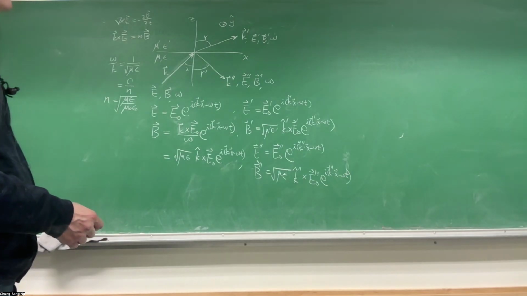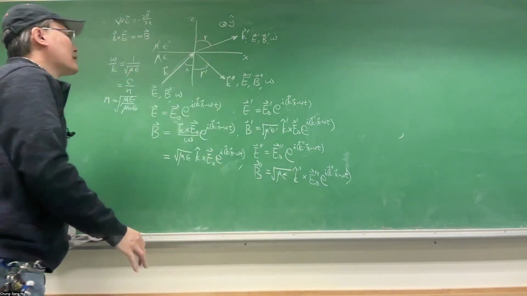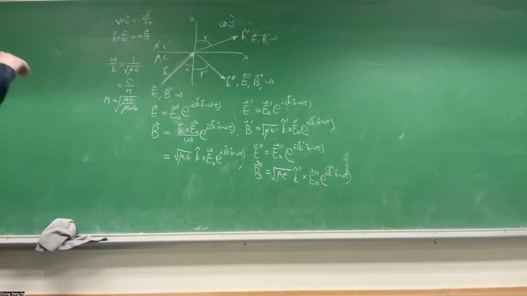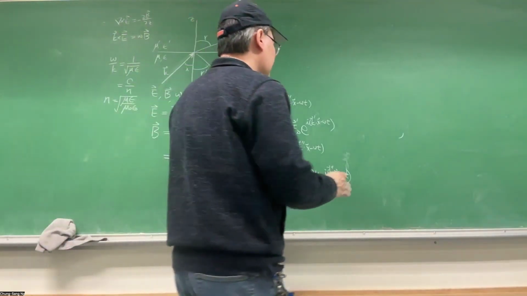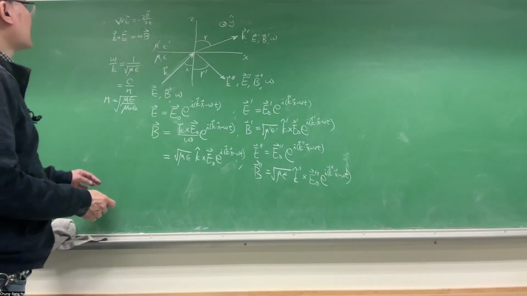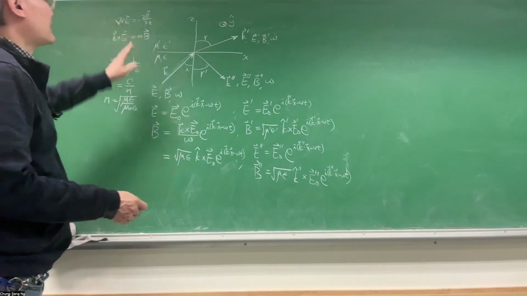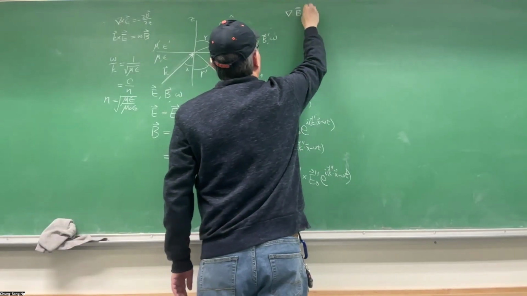Now we need to satisfy the boundary conditions because you have an interface between the two media, and the boundary conditions come from the Maxwell equations. So you have Faraday's law, you already have that, and you have divergence B is 0.